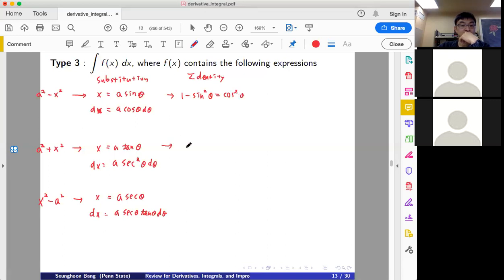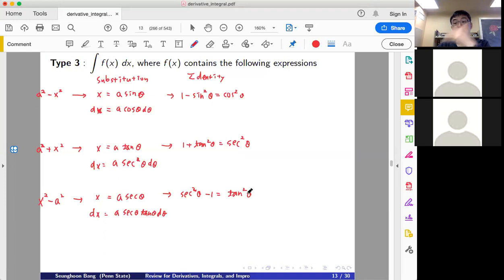In the second case, we use 1 plus tangent square of theta is secant square of theta. Third one, secant square of theta minus 1 is tangent square of theta. You can use this identity.